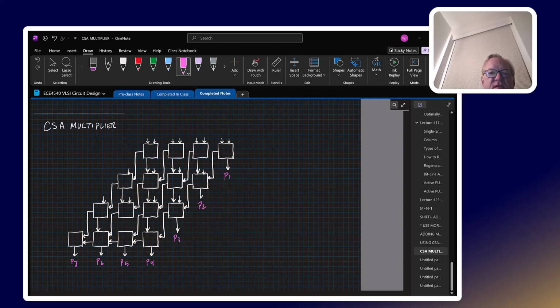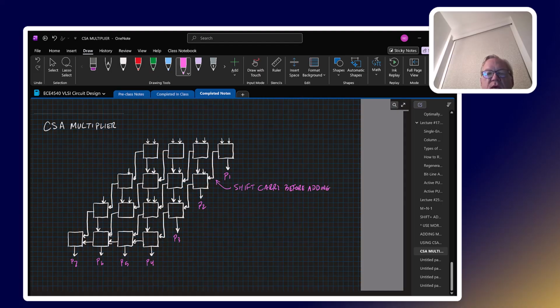Here you can see that what we're doing is we're shifting the carry before adding. And just like before, anywhere that we only have two inputs, we can use a half adder. So I'm just going to mark the half adders. Everything else is a full adder.